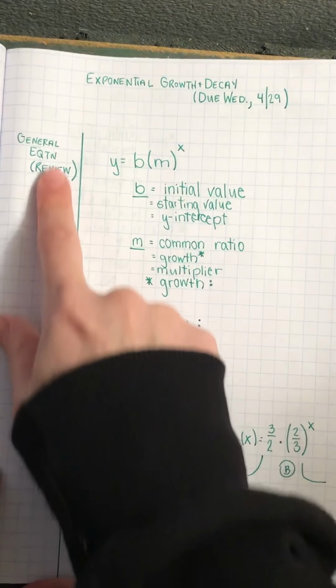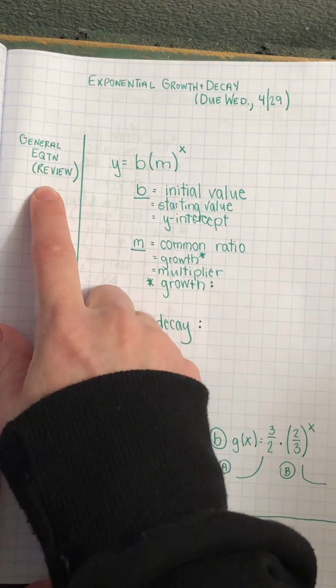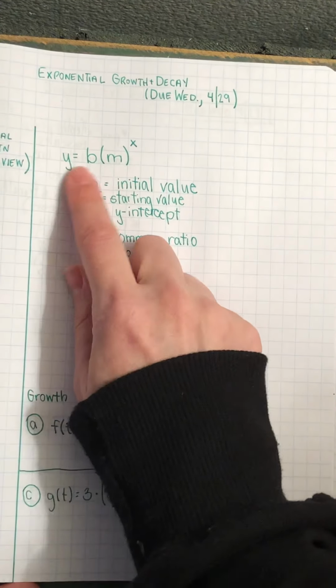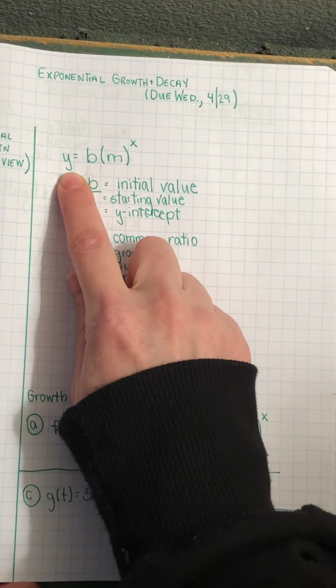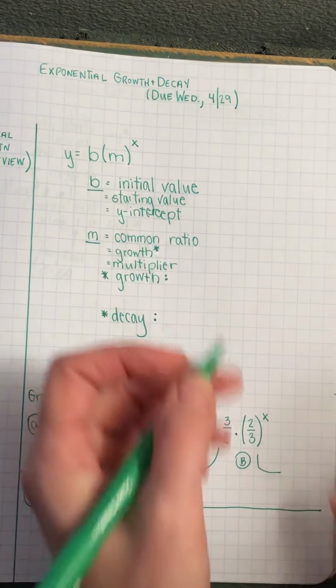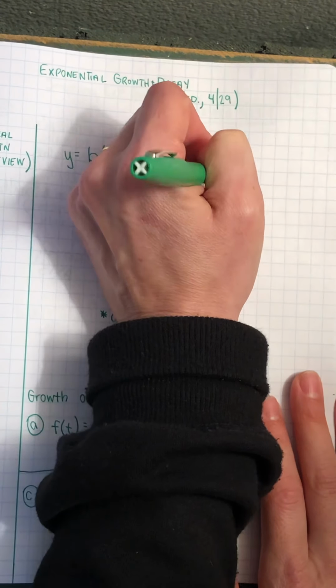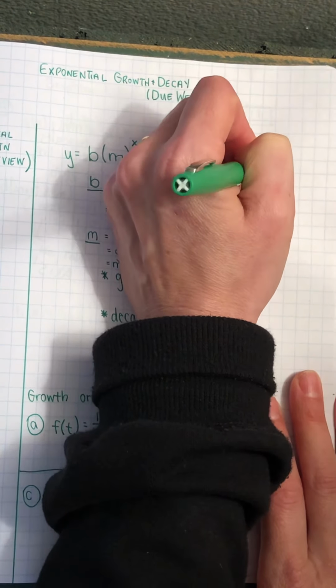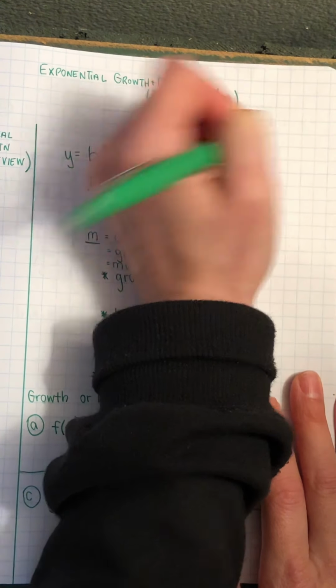So again, on the other side of my Cornell notes, I just wrote the general equation review. Okay, so we have this general equation y equals b·m to the power of x. I feel like Khan Academy uses a times the quantity b to the power of x.